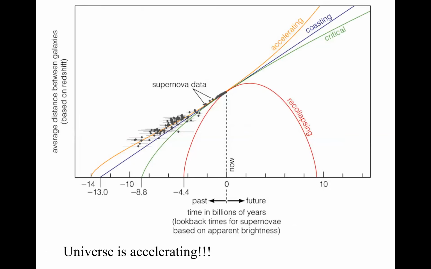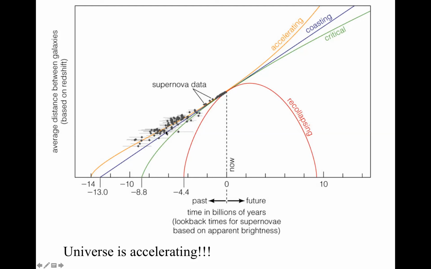none of the above. So let's just recap. This is the average distance between galaxies. You can call it that R parameter we used before. It is a parameterized size of the universe as a function of time. And so again, the blue, green, and red curves are the ones we saw before.